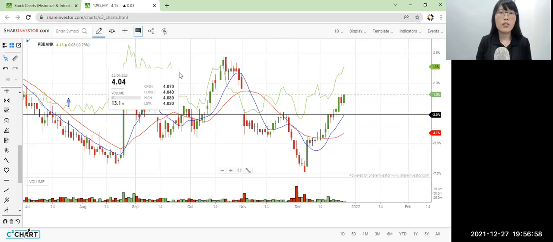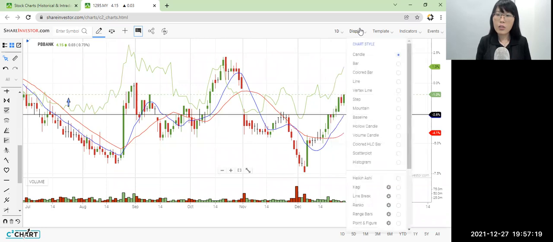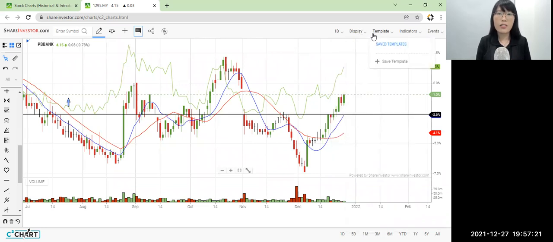Next, you can change the period of the chart. For example, you can choose a 1 day chart, weekly chart, monthly chart, minute chart, hourly chart, or second chart, and so on. You can also save it as a template.